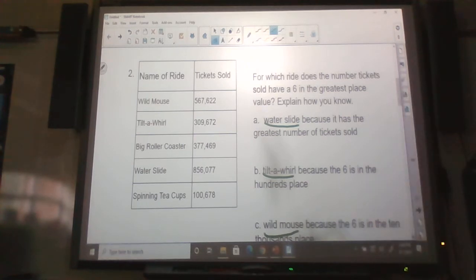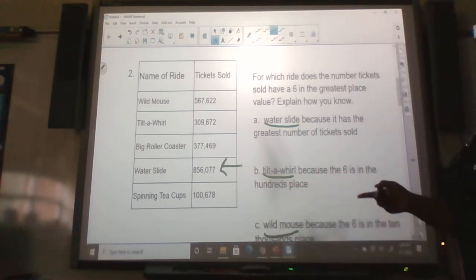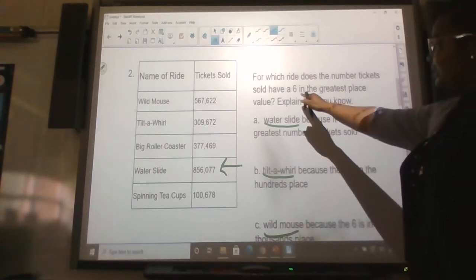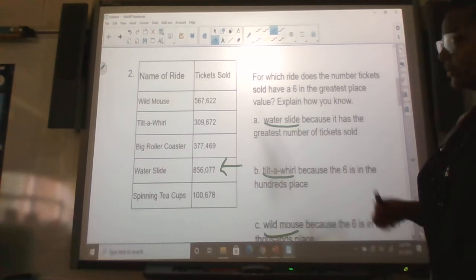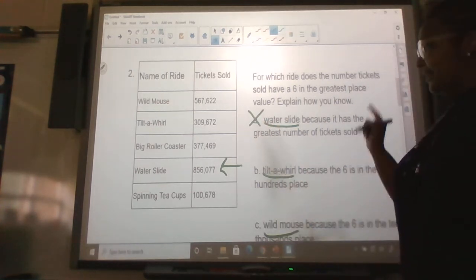A says water slide because it has the greatest number of tickets sold. Well, water slide does have the greatest number of tickets sold, but I'm not concerned with that. I'm concerned with the 6 in the greatest place value. So I'm going to exit out of the A.